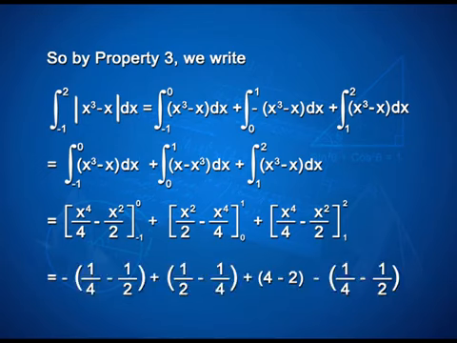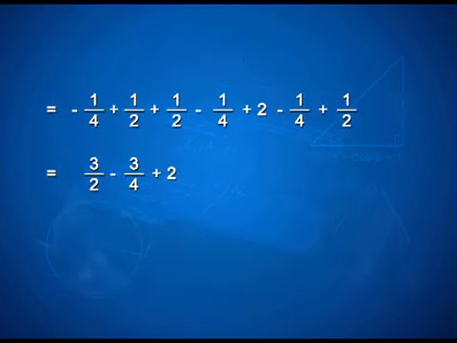After applying limits, we get minus of (1/4 - 1/2) plus (1/2 - 1/4) plus (4 - 2) minus (1/4 - 1/2). On simplification, we get -1/4 + 1/2 + 1/2 - 1/4 + 2 - 1/4 + 1/2, and thus we obtain 11/4 as the answer.